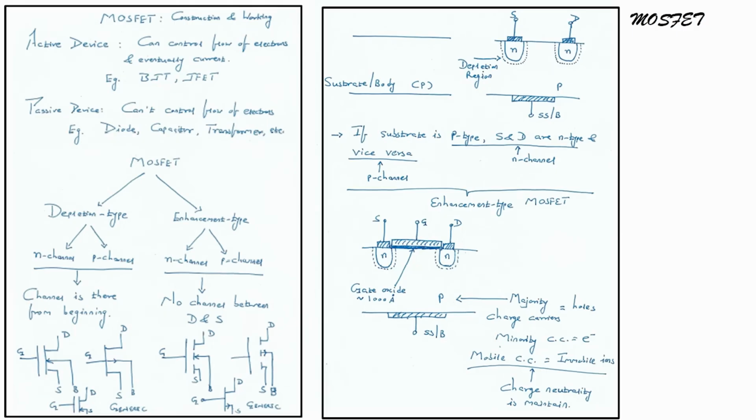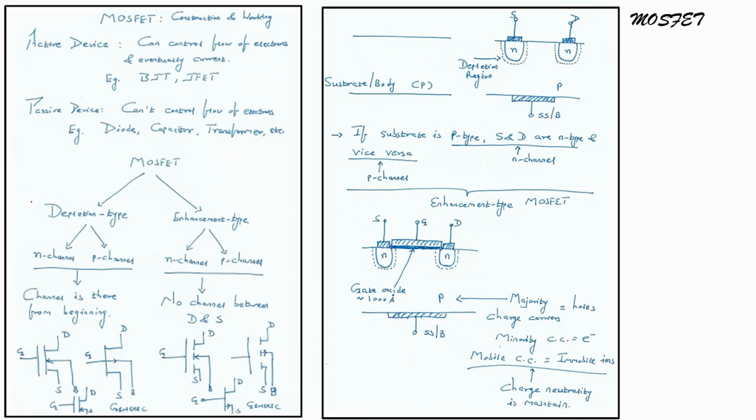We know what active devices are. Active devices can control the flow of electrons and eventually the current. For example, BJT, JFET, MOSFETs, these are all active devices. Passive devices cannot control the flow of current or electrons, and these are diodes, capacitors, right. When anyone discusses MOSFET, generally the MOSFET is divided into two types.